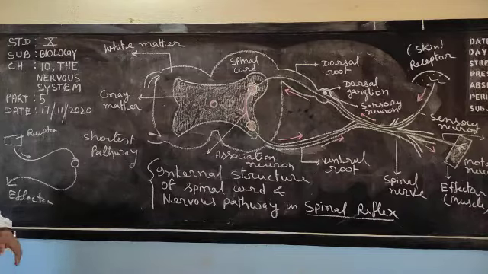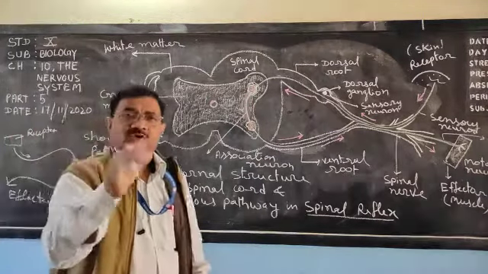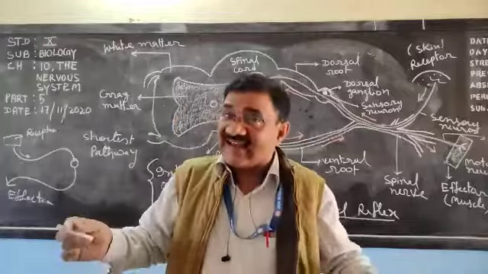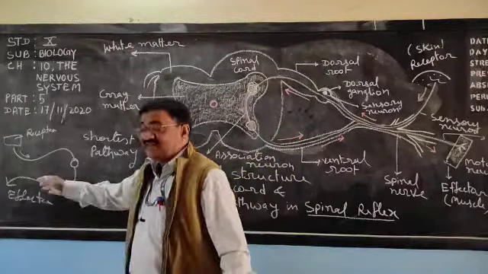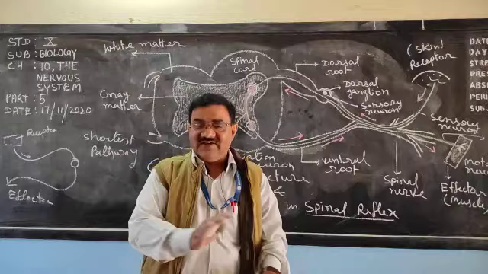Shortest pathway made by sensory and motor neuron forms an arc, and that arc is called the reflex arc. Very clear on that?